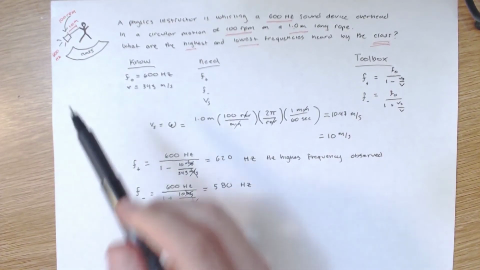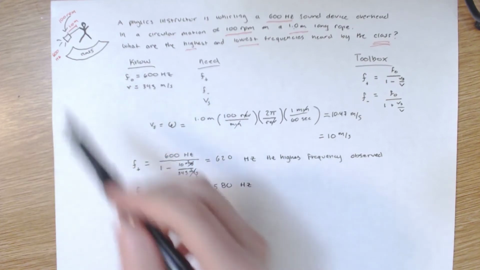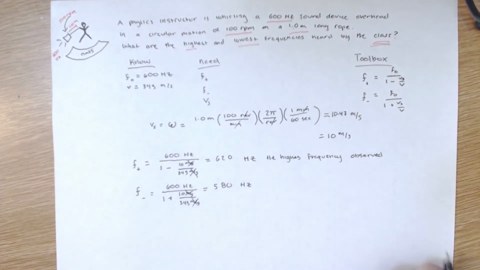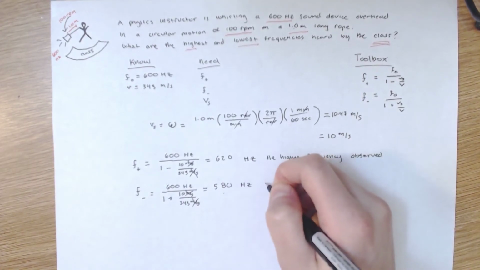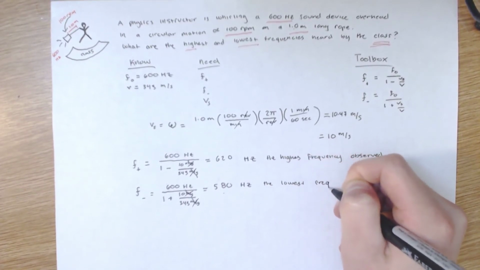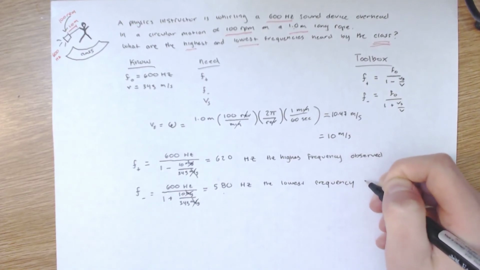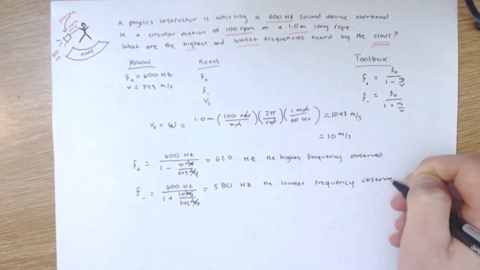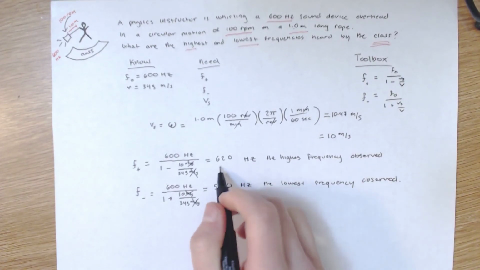And as the sound device is receding or away from us, behind the professor's head, it makes sense that we would hear it as less than the source. So 580 hertz is the lowest frequency observed. So yeah, there's our final answers.